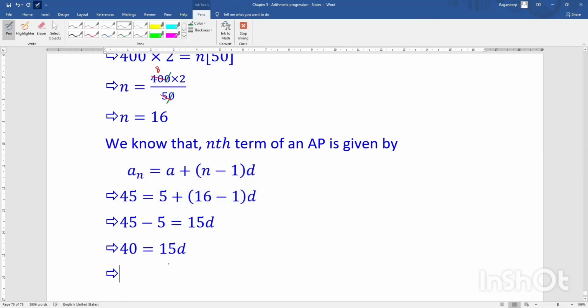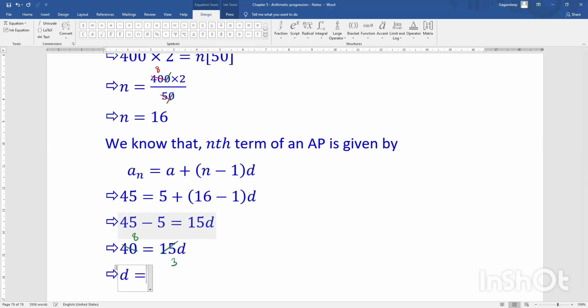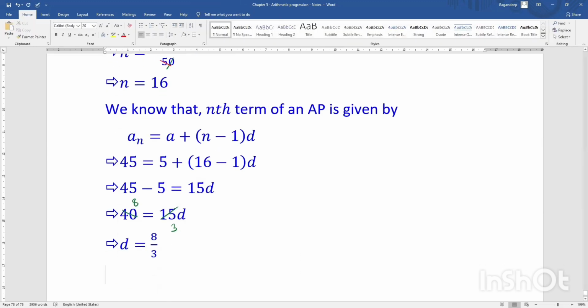I can do a cancellation as 5 3s are 15, 5 8s are 40. Okay. So that means I get d equals 8 by 3. So here is the value of d. Okay, so done. Then I move on to the next problem.